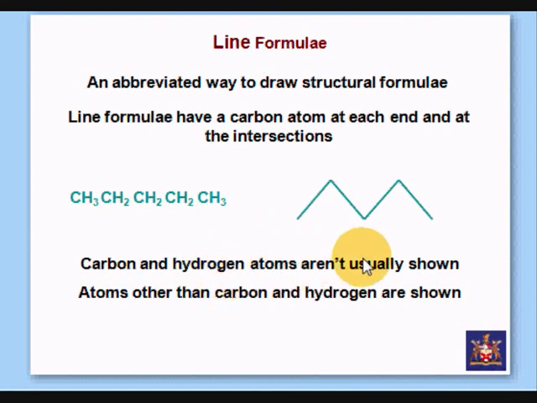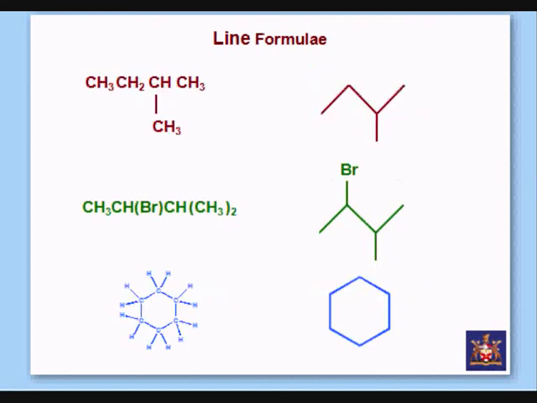Carbon and hydrogen atoms aren't usually shown. Atoms other than carbon and hydrogen are shown. That's important. Okay, so looking at this formula right here then, we have 4 C's there, there, there, and there. And then we have this branch coming down here, and it's a CH3, so that's very straightforward.